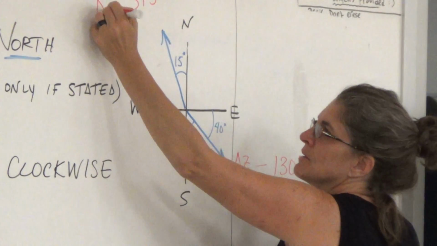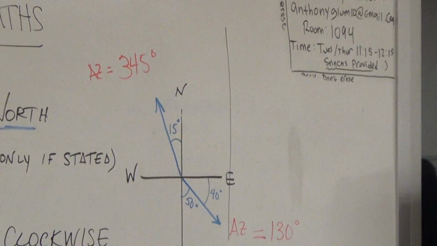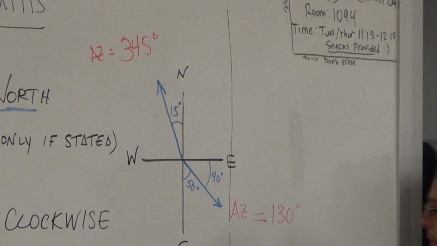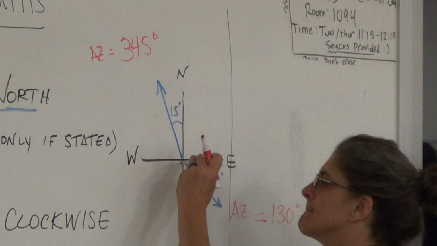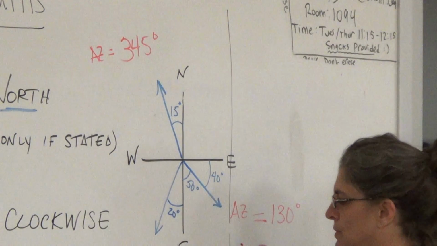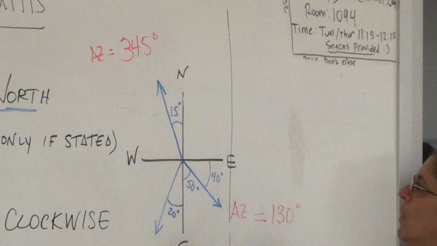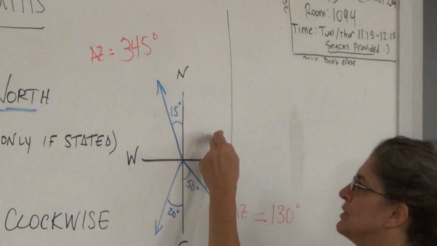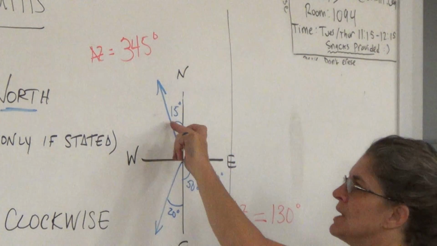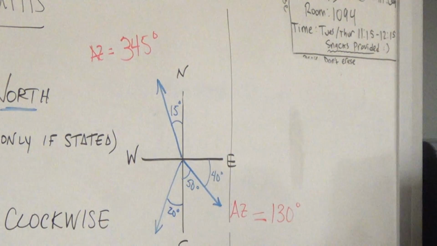That's the azimuth. So you could say you subtracted, but basically what you did is you went all the way around to hit this. So in a way, it's 360 minus 15.